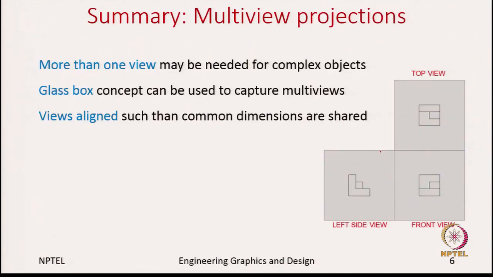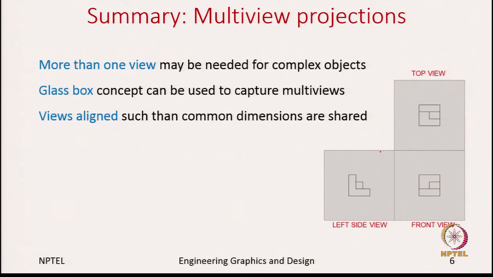Okay. So, let us look in summary what we have studied in this lecture. What we said is, for multi-view projections, first they capture the true lengths if the edges are parallel to the projection planes. But we said that maybe one view is not sufficient to completely describe the object, you may need more than one view.